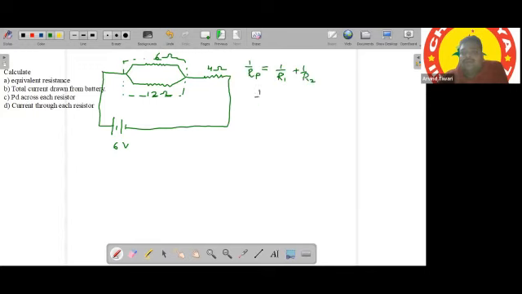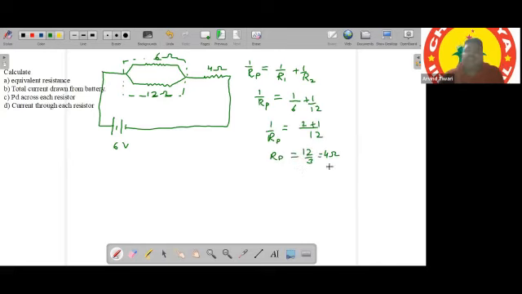So 1 by Rp will be equal to 1 by 6 plus 1 by 12. Taking the LCM to be 12, you get 2 plus 1, 3. So that is 1 by Rp, and you get your Rp in the parallel combination as 12 by 3, which is 4 ohm. Right?